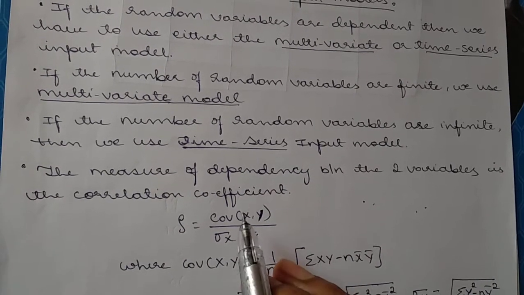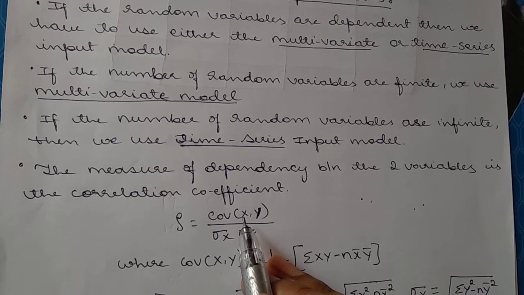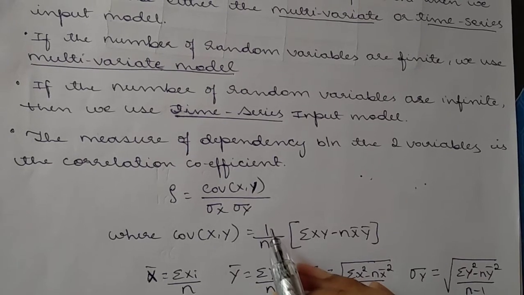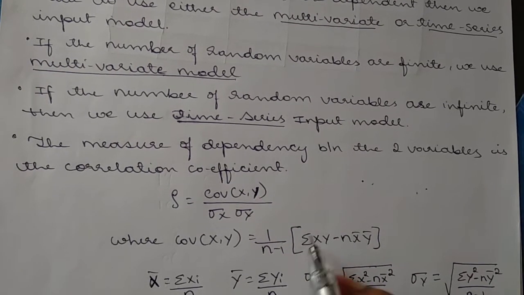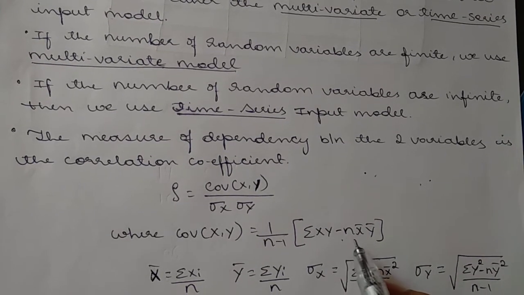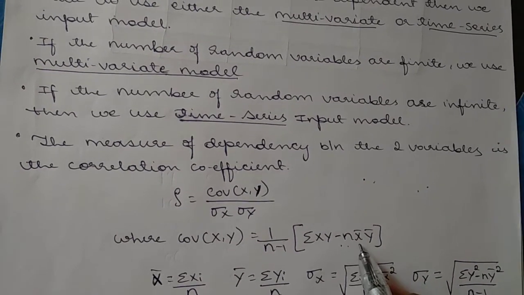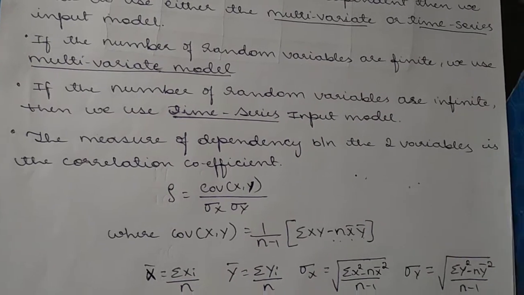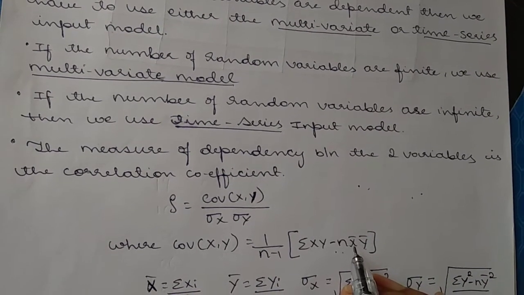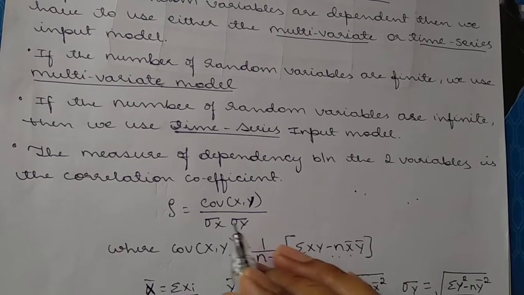Here we don't know the value of covariance of xy. To find this covariance of xy, you apply this formula: 1 divided by n minus 1, summation of xy minus n x bar into y bar. Again we don't know the values of x bar, y bar, sigma x and sigma y.